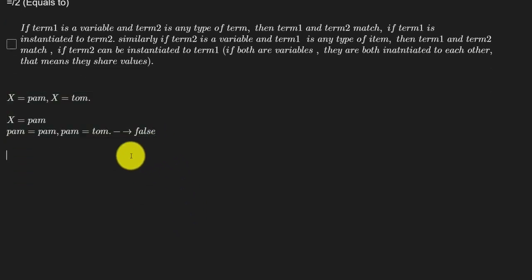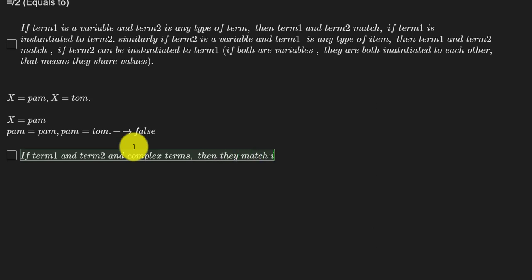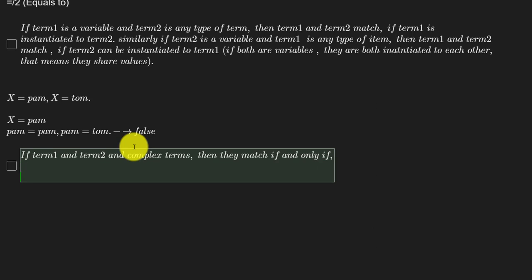Let me go down a bit over here to our third rule. Okay, so the third rule is basically for the complex term. If term 1 and term 2 are complex terms, then they match if and only if, okay, there are three different requirements over here.